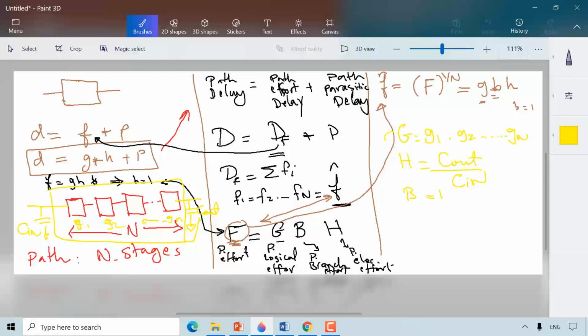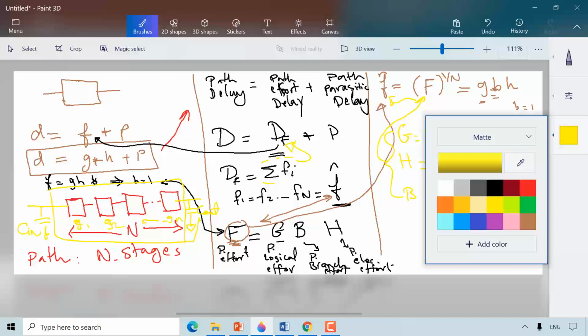So now I can compute those, plug in f, compute f hat, and from this f hat I can compute the delay for every stage. And because f hat will be known, I can plug in this f hat here. In fact, now we can update the equation.